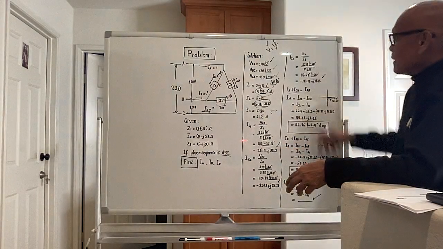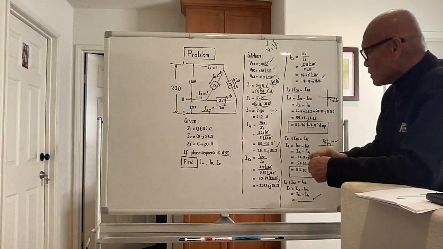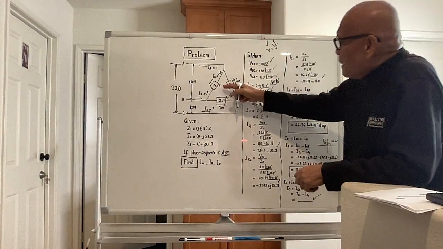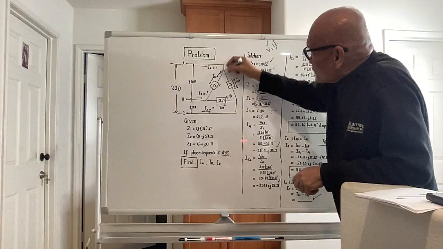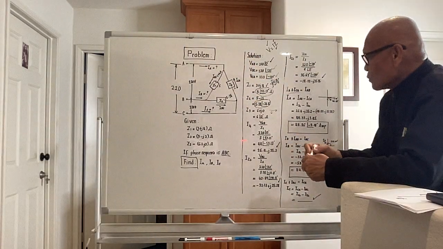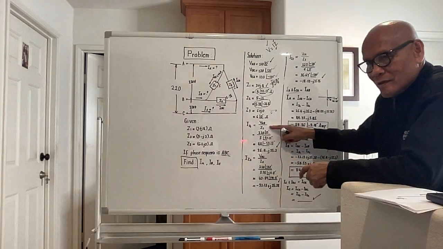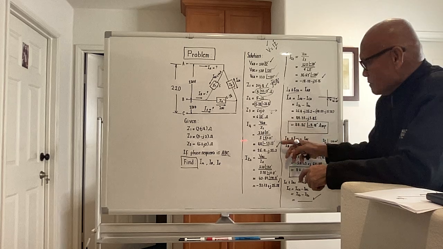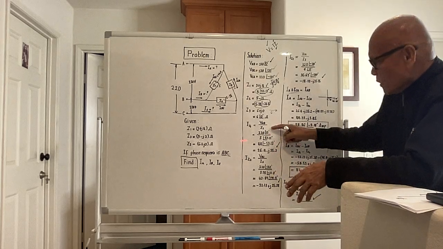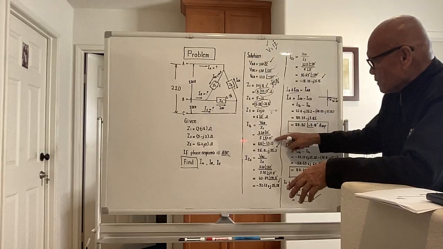By using the equation V equals I times Z, we can compute the individual phase currents. IAB is actually equal to I sub Z1, which will be V sub AB over Z1. We are performing complex operations here, so this will be 220 angle 0 over 5 angle 53.13 degrees.